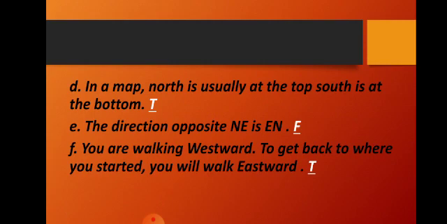E. The direction opposite to northeast is east. The statement is false because the direction opposite to northeast is SW, that is southwest. F. You are walking westward. You get back to where you started. You will walk eastward. The statement is true.